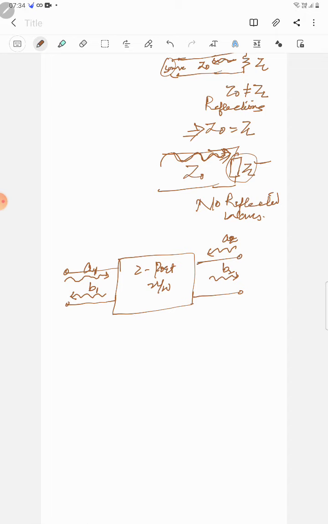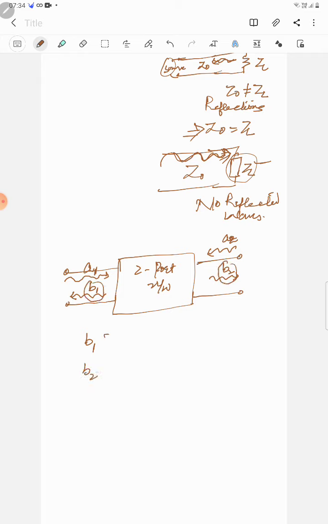So how are these incident and reflected waves related to each other? They are related by a similar matrix, like the Z parameters relate voltages and currents, and Y parameters relate currents and voltages. These relate the reflected and the incident voltages. B1 is the reflected wave here, B2 is the reflected wave here.